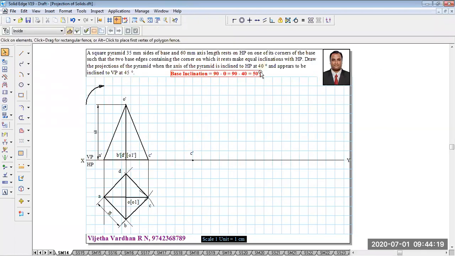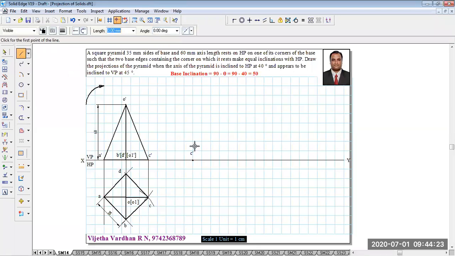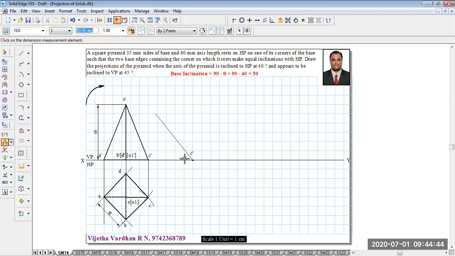By using that, keep a protractor at the corner C dash and measure 50 degree in the clockwise direction or 130 degree in the anti-clockwise direction, and then draw a constructional line for the base. Now the base, you can see, is inclined at an angle of 50 degree. When the base is inclined at 50 degree, obviously the axis will be inclined at an angle of 40 degree.